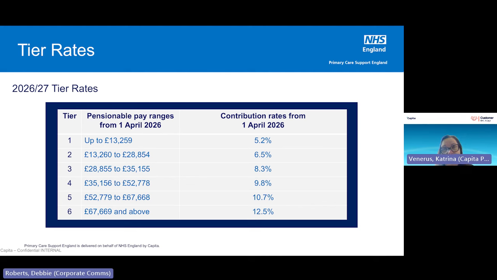So what you need to do before completing the estimate is check with the GPs that work as salaried or partnered if they do have other practitioner roles and the total income. Although you're recording the estimated pensionable pay for your practice, the tier rate that you select for the GP should be based on what their estimated total pensionable pay is. So just bear that in mind.